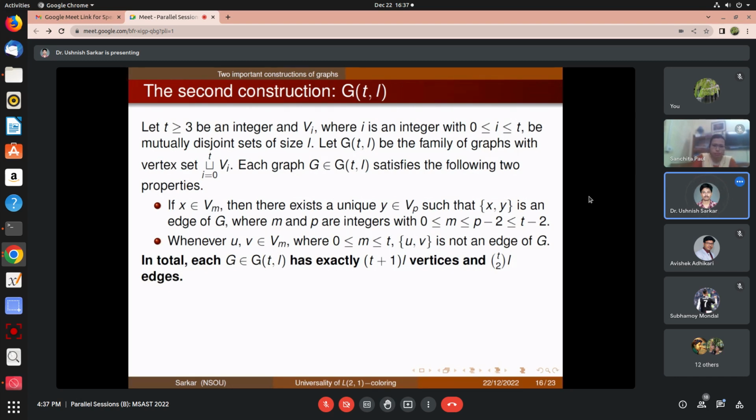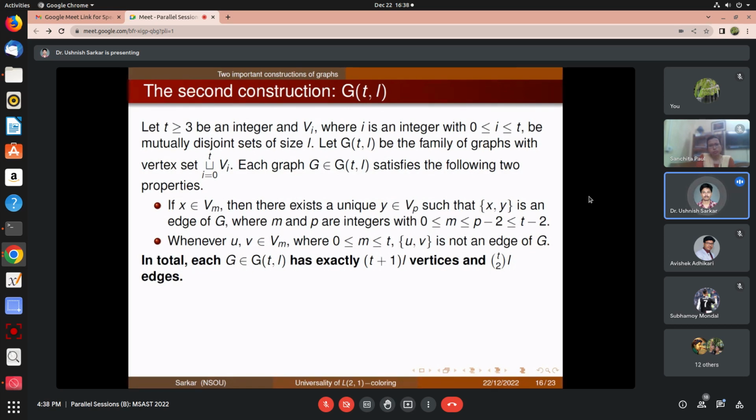And the edge distribution is like this. In the first bullet, if x belongs to Vm, then there exists a unique y belonging to Vp such that xy is an edge. Here m and p are regulated by the restriction that 0 is less than or equal to m, less than or equal to p minus 2, less than or equal to t minus 2. So essentially, I am keeping m and p at least 2 apart.